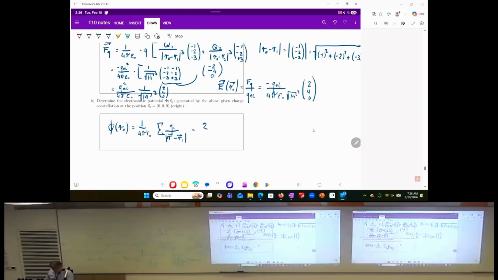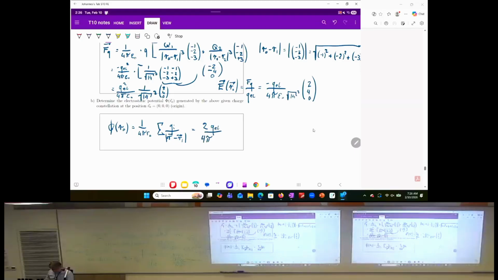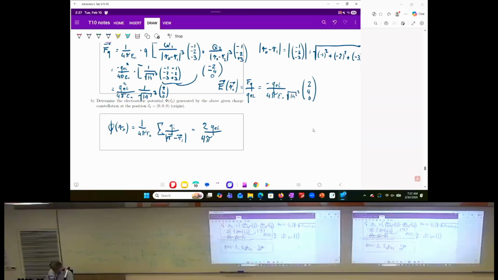And this here is now the other phi, the phi that we were talking about, that is the electrostatic potential. This is not the flux this time, this is the potential. If you have any problem statement, it will say electrostatic potential phi.